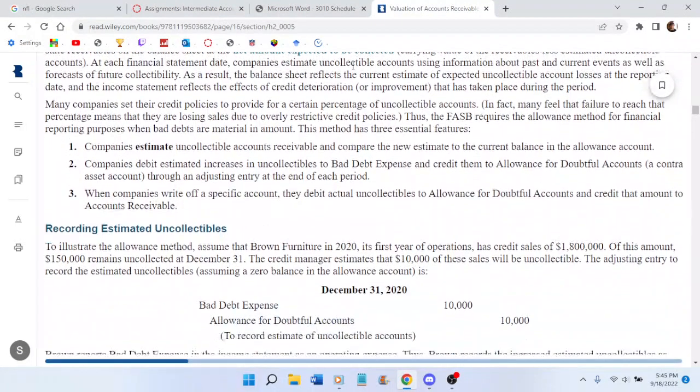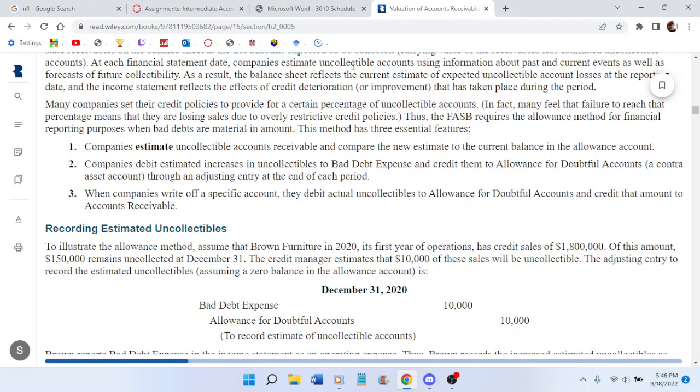Three essential features. Estimate uncollectible accounts receivable and compare the new estimate to the current balance.